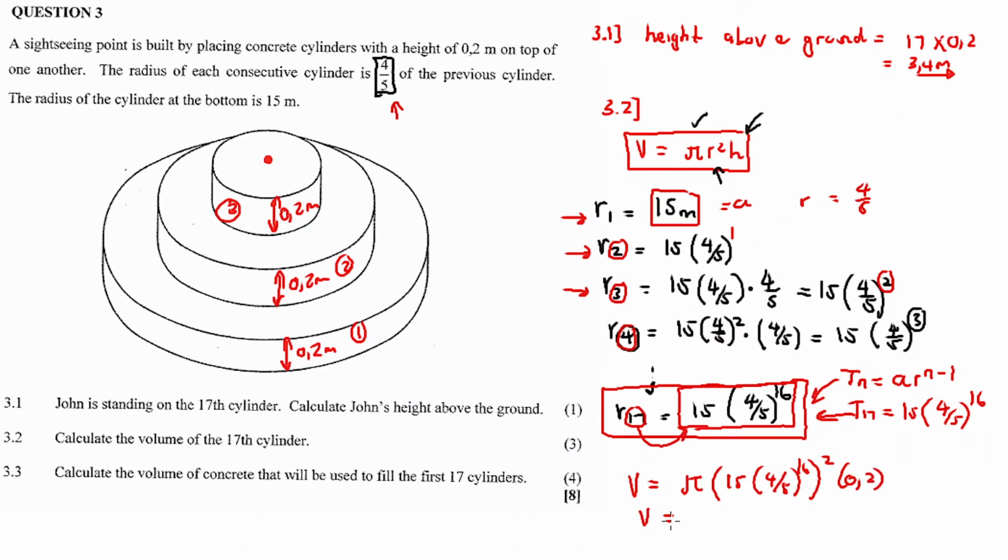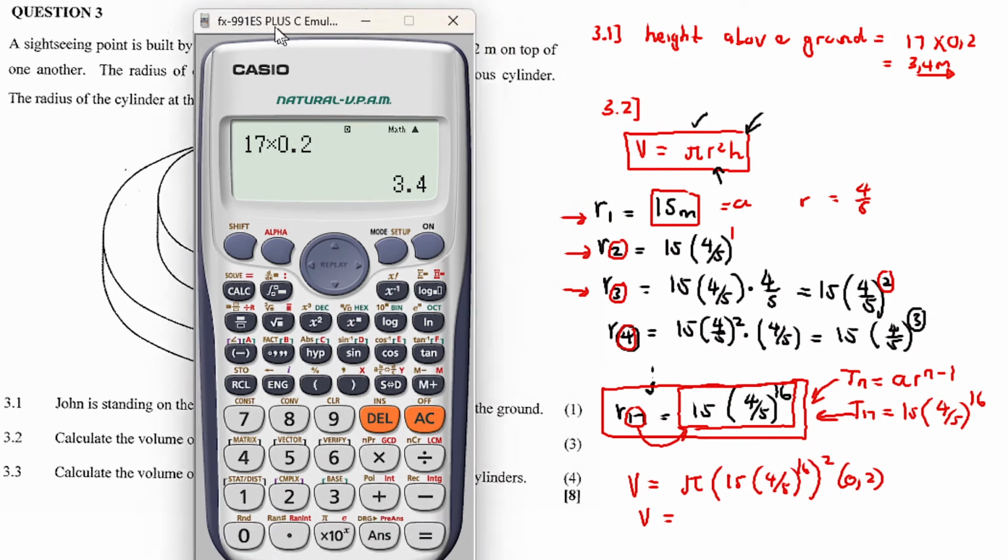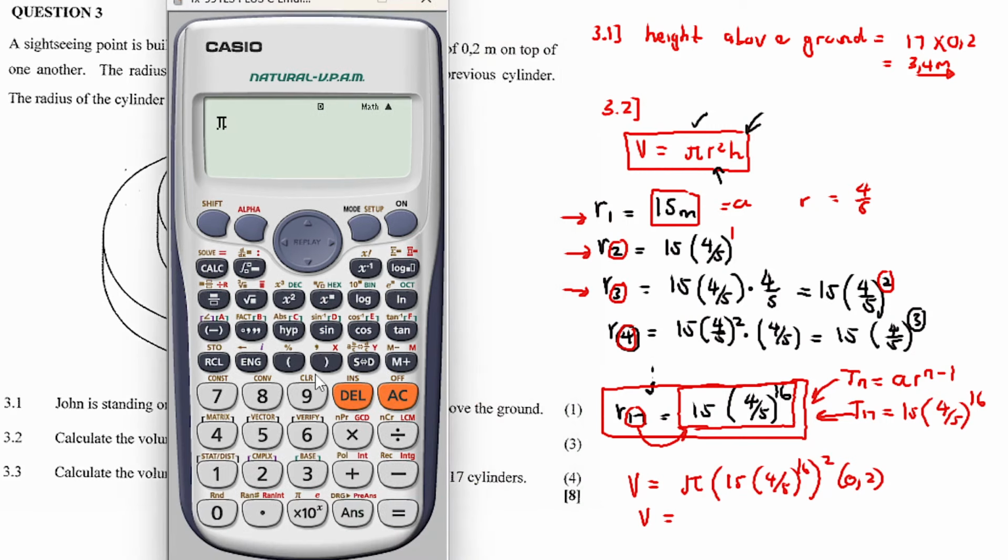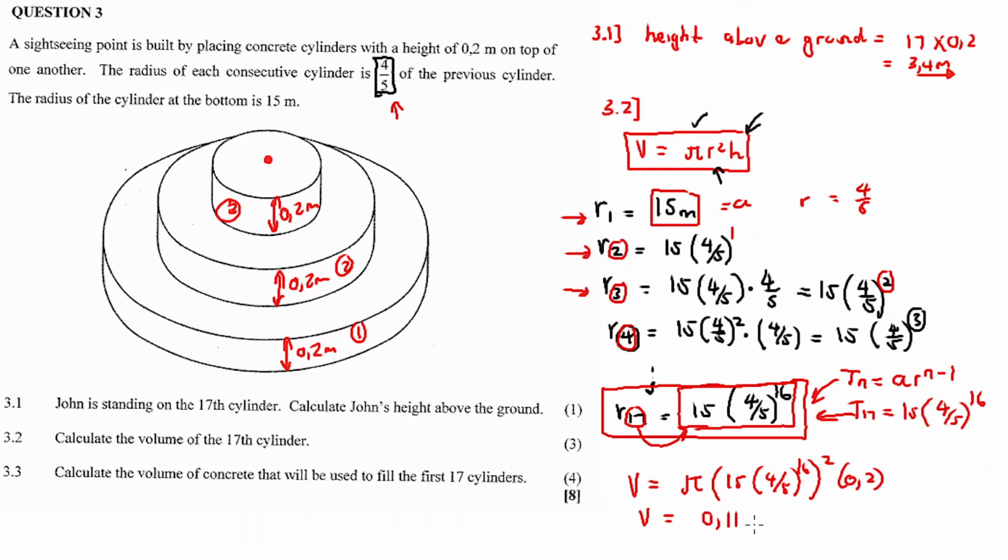So the volume is equal to, on the calculator, shift pi, open bracket 15, open bracket 4 over 5, close bracket 16, close bracket squared, multiplied by 0.2, which is 0.11 in 2 decimal places, 0.11 cubic meters. It's volume, so cubic meters.